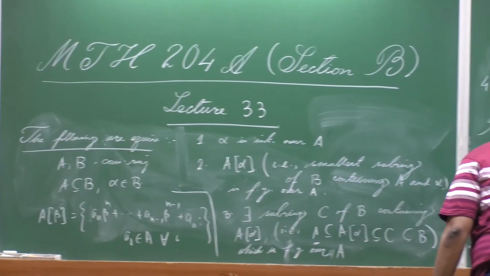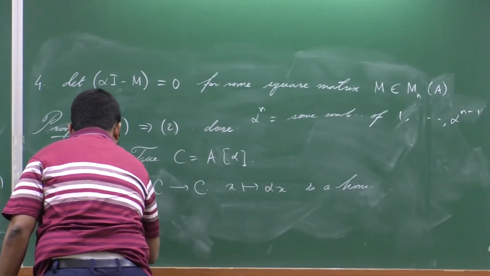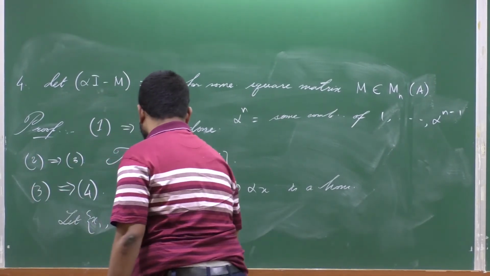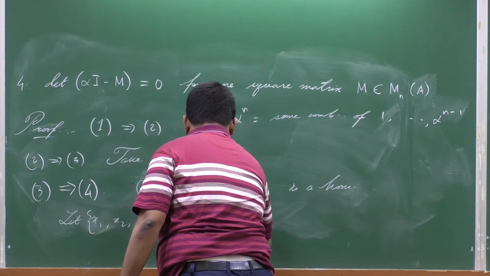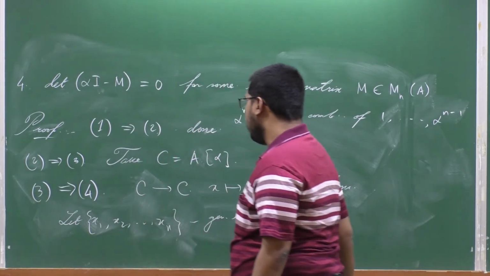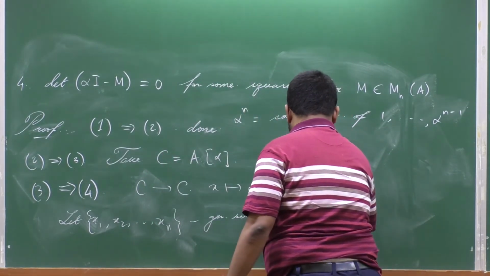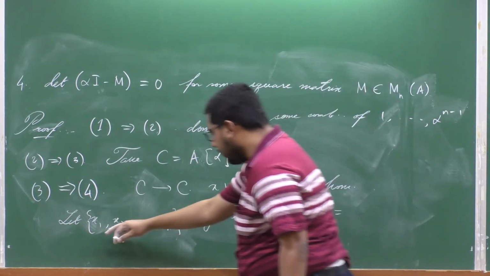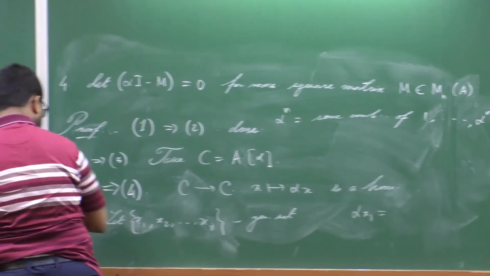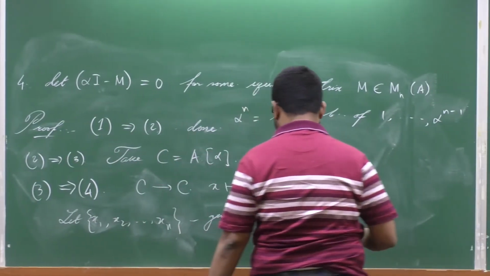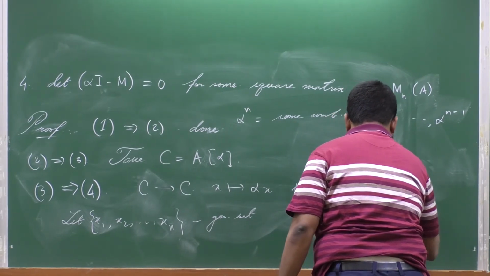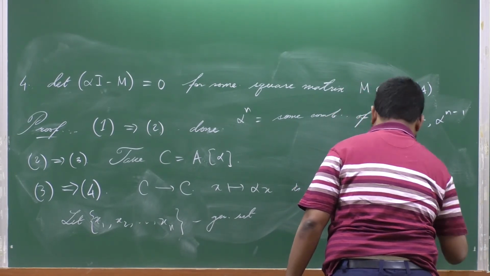So, let this be a generating set, x1 up to xn. Therefore, alpha x1 must be a combination of the xi's. So let me write it as a11 x1 up to a1n xn.